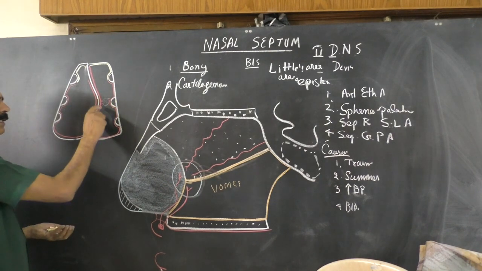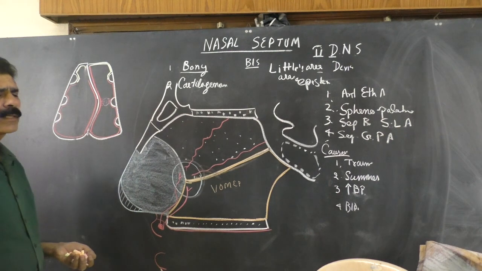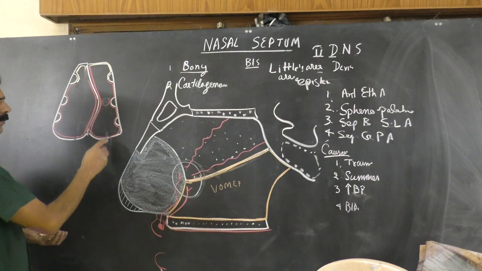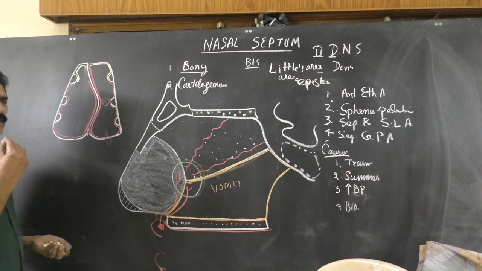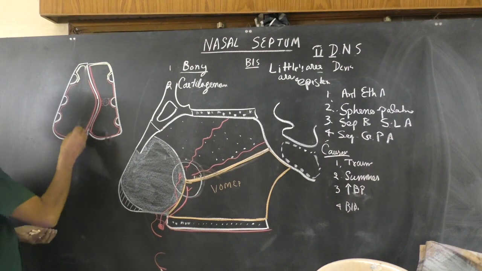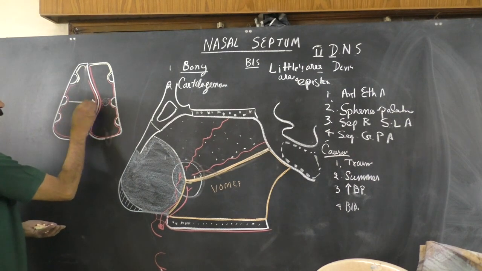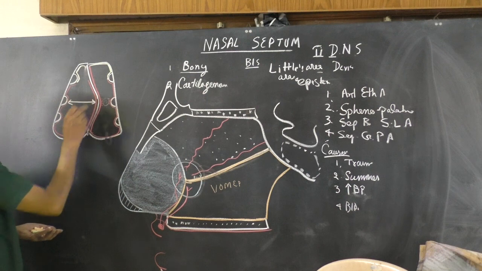And these bacteria cause localized rhinitis, inflammation, and running nose. So on one side the patient has a running nose, but on the opposite side, because of the deviation of the septum, the nasal cavity is widened.